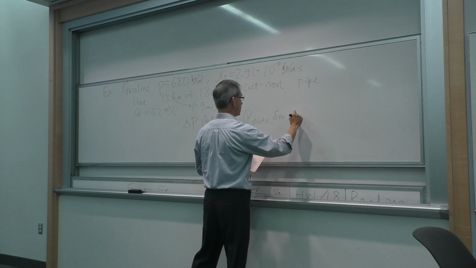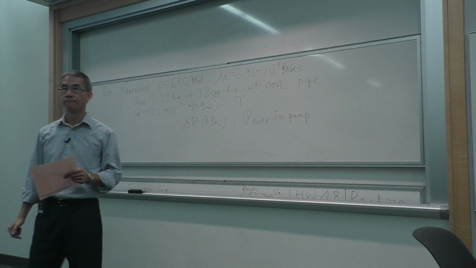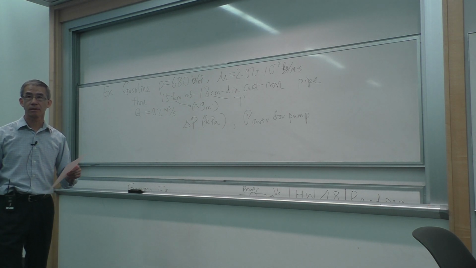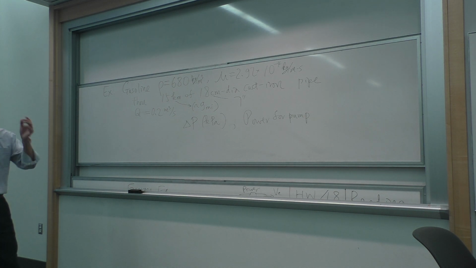And how big a pump I need so that I can go buy it from Ingersoll Rand or any other company that I can install with all the plumbing, and I can get this crude oil from Alaska all the way to a processing plant.